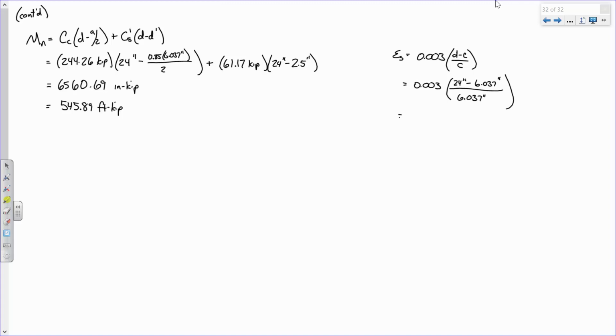When you do that, you get 0.00893, and the reason we needed to do that is because we have to compare that against the limiting strain of 0.00507, and since it's larger, that means that phi is 0.9. So phi Mn is that times that. Bless you. 491.3.